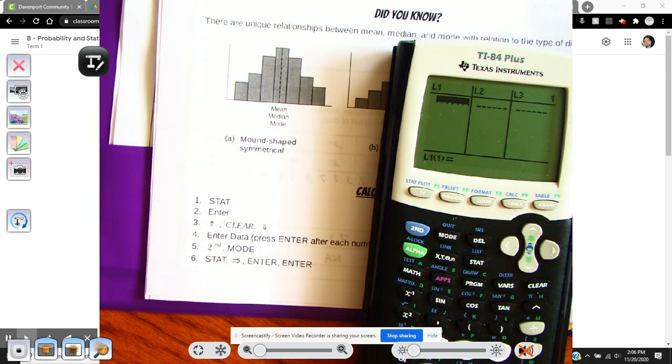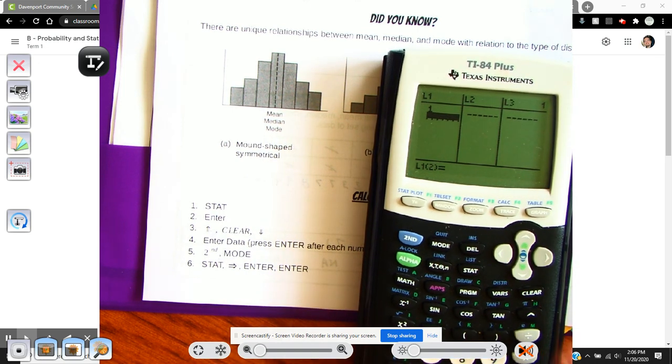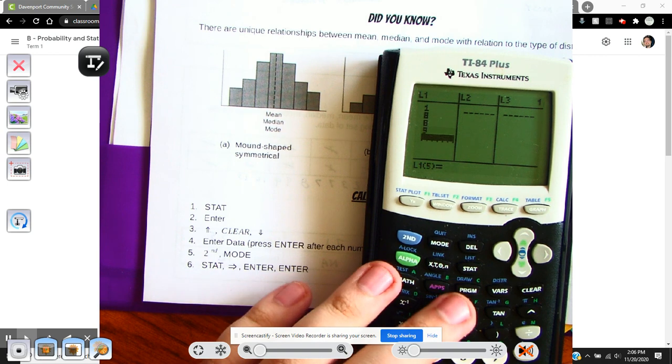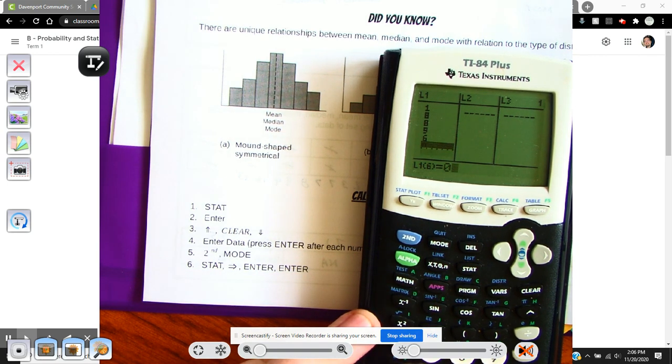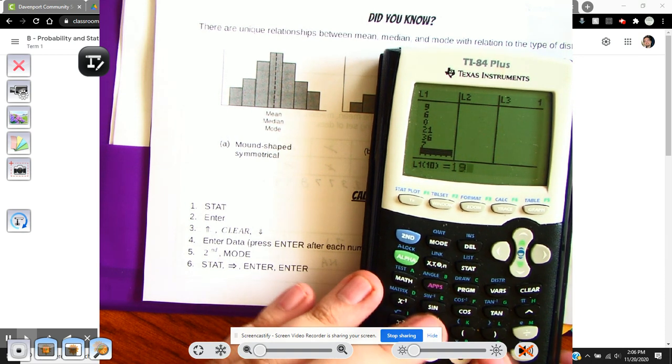So if I type in my numbers from example 4, I do 1, enter, because it says hit enter after each number. So 1, enter, 8, 8, 9, 6, 0, 21, 36, 7, 19, 13, 32, 10.